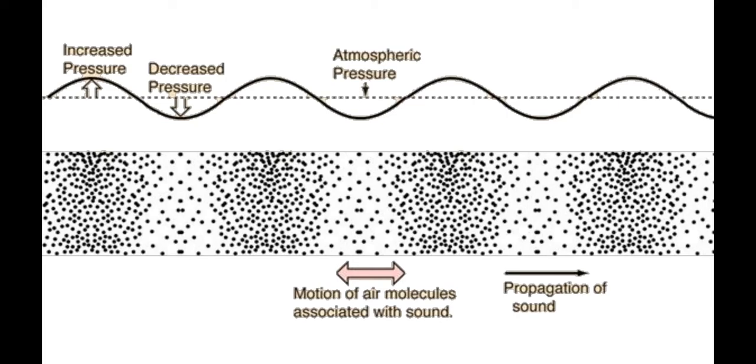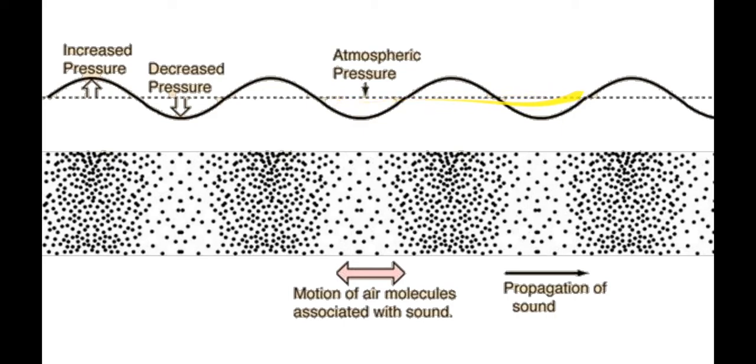A sound wave is a longitudinal wave. The area of higher density corresponds to increased pressure, and areas with decreased pressure correspond to less density. Atmospheric pressure is some average pressure of the air.